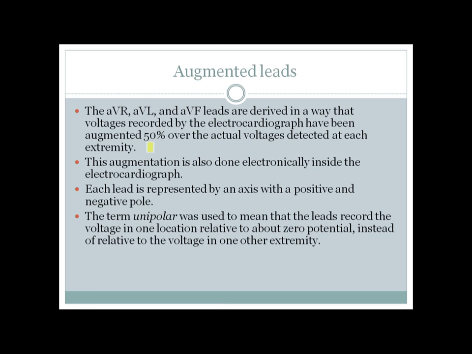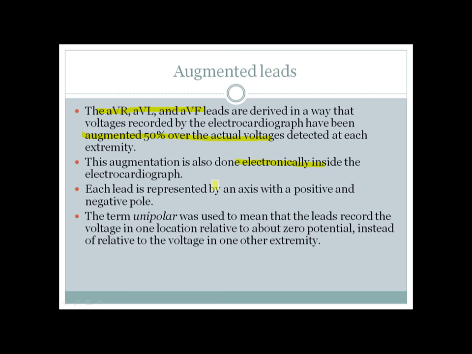Augmented leads are unipolar leads. In the case of augmented leads, you have three leads, AVR, AVL, and AVF. They record voltages in a way that, in the electrocardiogram, those voltages are augmented about 50% over the actual voltages, and this is done electrically inside the electrocardiogram.